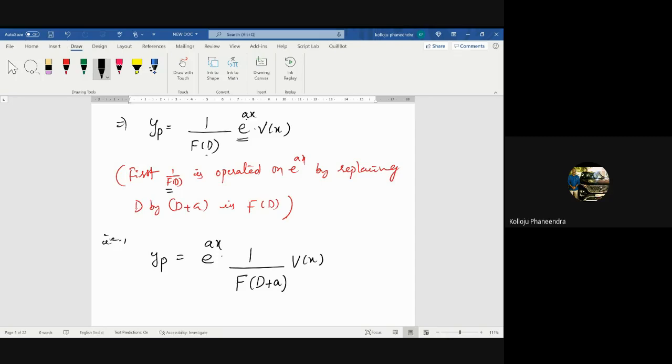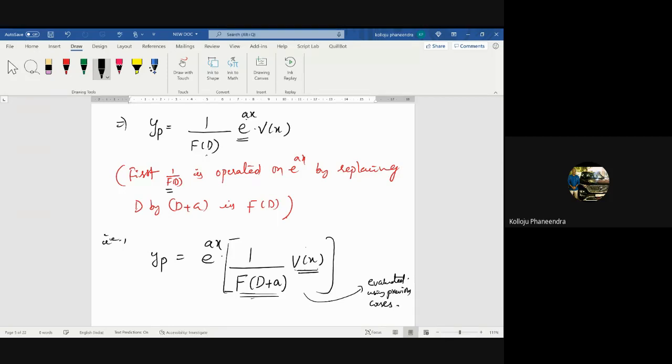Now this part I can solve. Again, this is one new f of d, and v of x is x power k, sin mx, cos mx. This is already a known method. This part can be evaluated using previous techniques, using previous cases, because v of x is what?